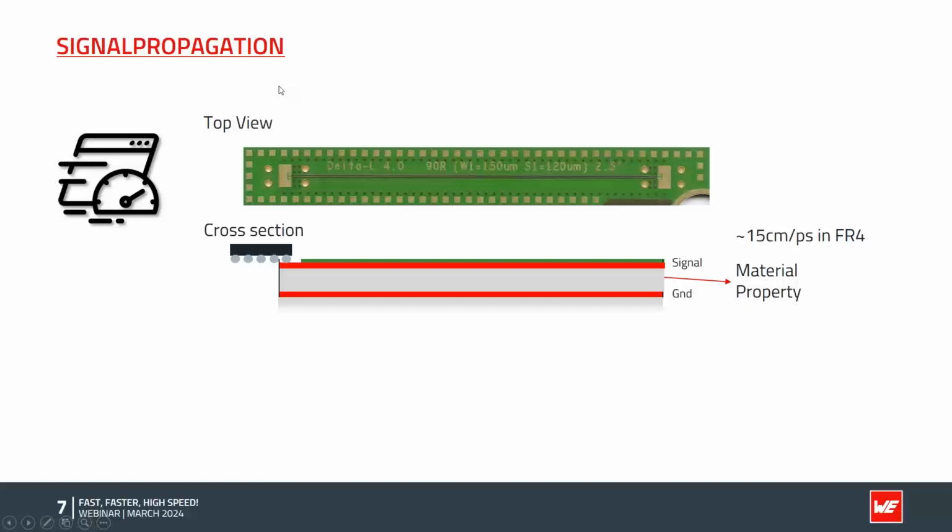So often the question is, where are standard materials okay, where do I need special high-speed materials, what is low speed, what is high speed, where is the sharp border. And unfortunately, there is no clear black and white answer to that.